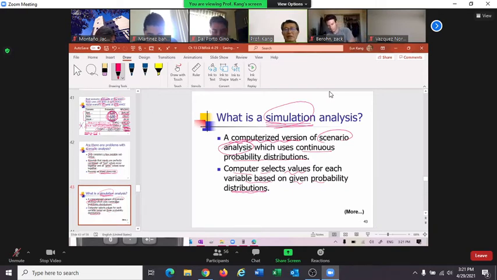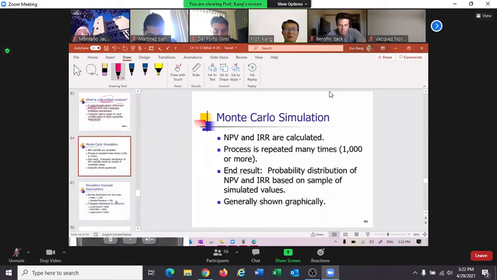That was not possible before because doing scenario analysis 1,000 times is not economic and almost not possible. But now, because of technology advancement, the computer is very fast and very sophisticated. So you can handle simulation analysis, right? So now simulation analysis is important.